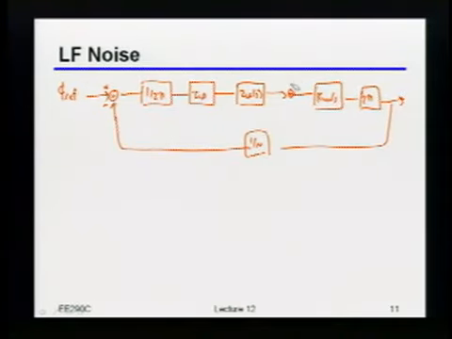Notice I add in the noise right there, because I'm assuming that there's some magic voltage noise that got added into my control voltage. So what's the transfer function from that to phase at the output?